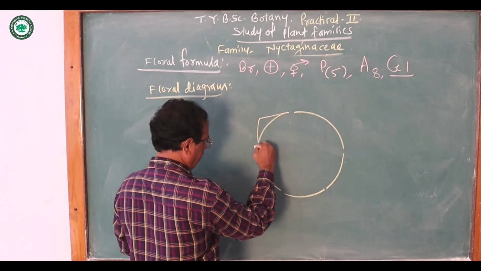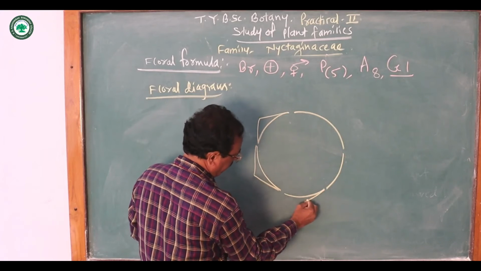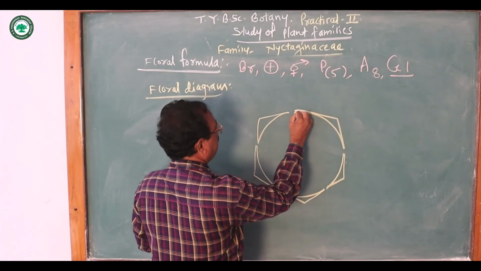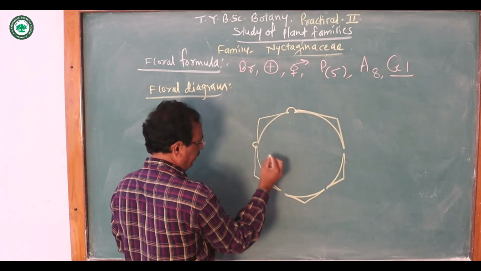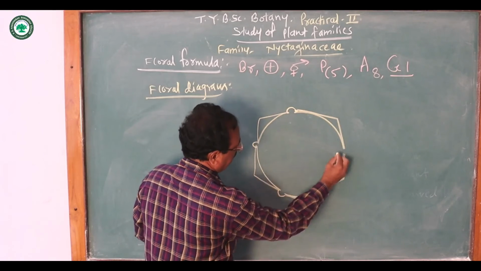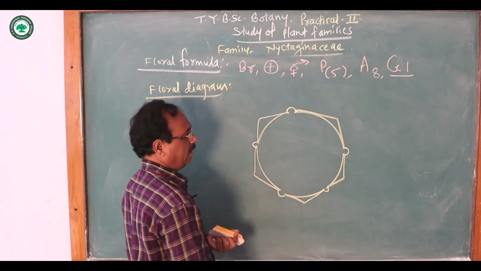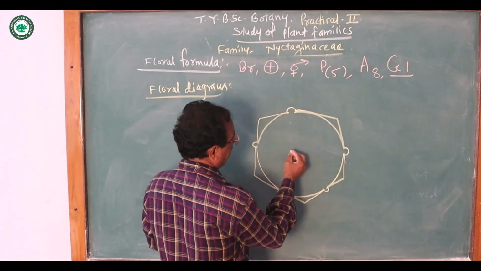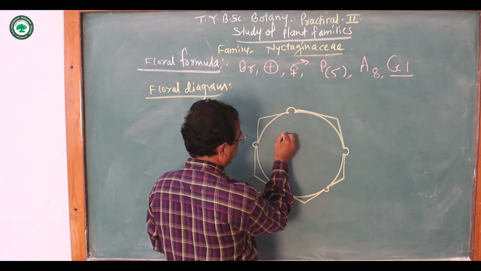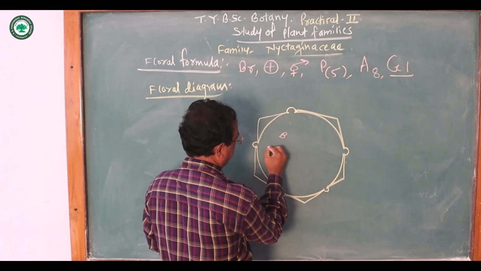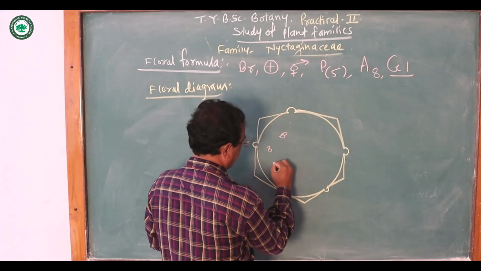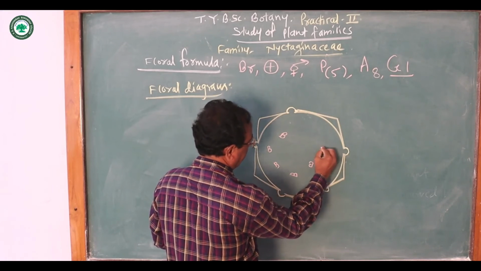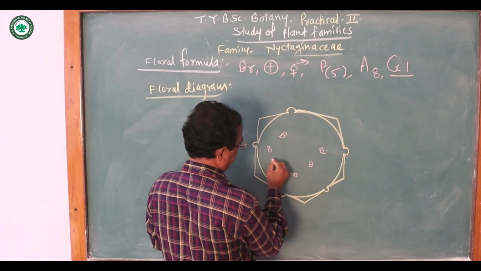This is 1, this is 2, this is 3, this is 4, and this is 5. But these tepals are united, so they are connected like this. This is the gamotepalous condition. Here, the androecium shows the presence of 8 stamens, but these 8 stamens are unequal in length or height.